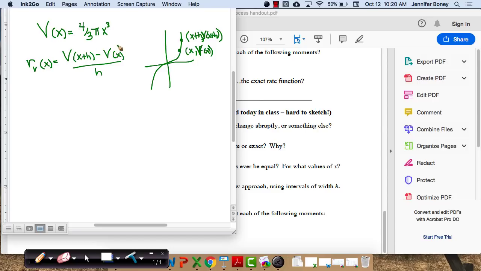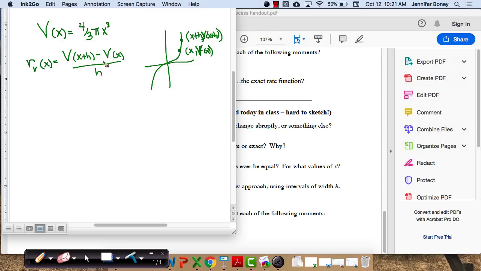So the dy over dx, the change in the vertical or the change in the dependent quantities divided by the change in the horizontal or the change in the independent quantities of this volume function. So this is giving me the rate of change of the volume with respect to radius changes, the change in the length of the radius. So cubic inches per inch, or whatever measurement units you want to use, cubic millimeters per millimeter.